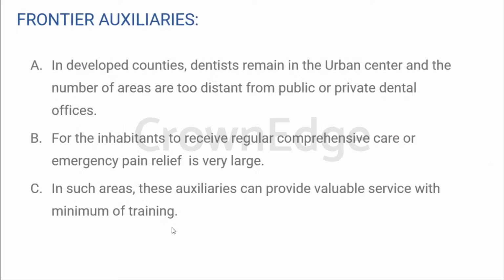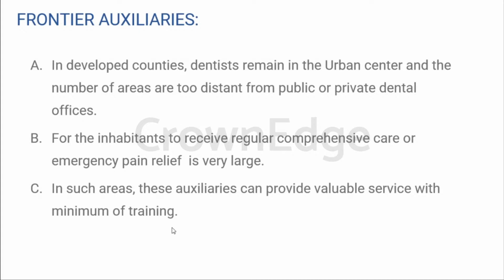Okay, so we finished discussing the non-operating dental auxiliaries and the operating dental auxiliaries. Now we are moving towards the other type of dental auxiliaries, which as such do not fit into that classification, but which are still widely prevalent in different parts of the world. There is another group of auxiliaries called frontier auxiliaries. The whole idea of these frontier auxiliaries is that, especially in developed countries, dentists tend to concentrate in the urban center, and these are pretty far from the communities or your rural areas for them to actually come to the urban center to receive care.